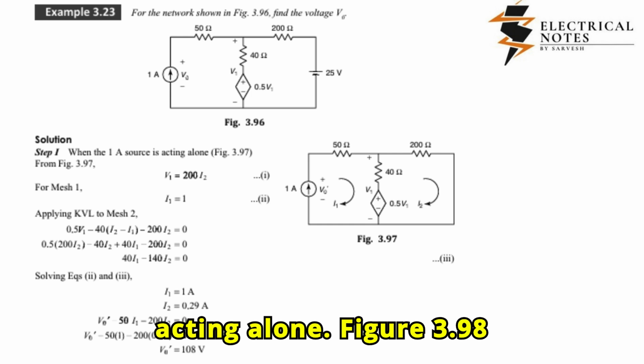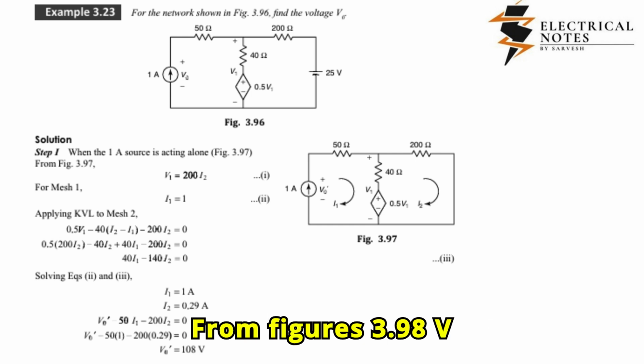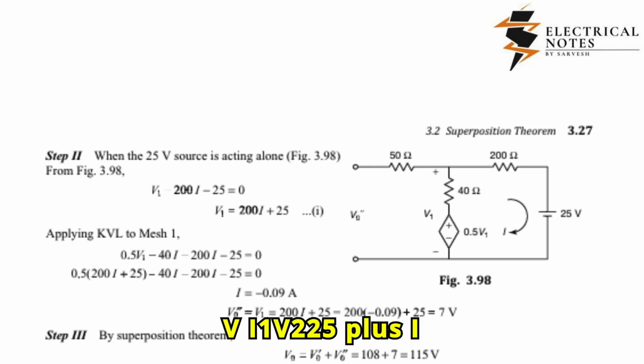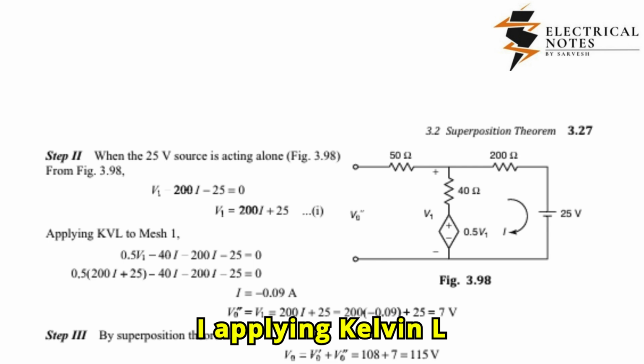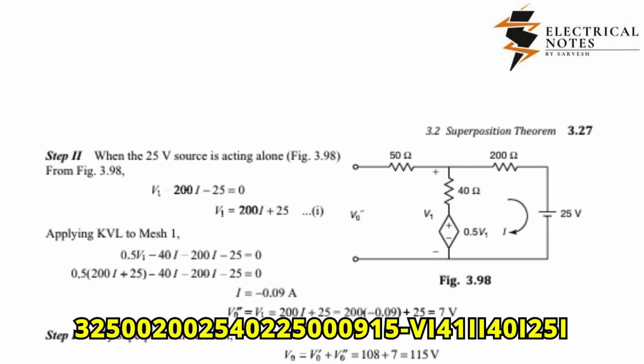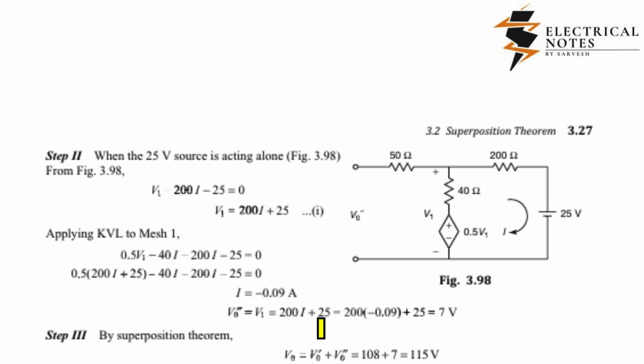From Figure 3.98, the voltage across the element relates to 25 minus I. Applying KVL to mesh 1 and simplifying, 25 minus 200I equals the result.